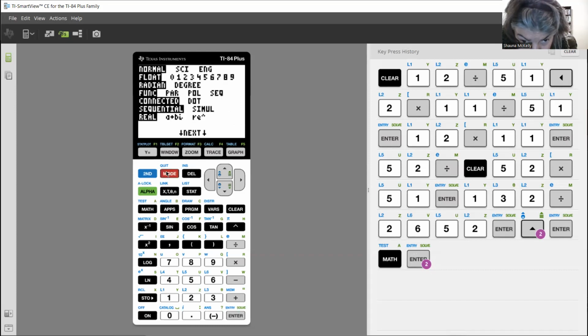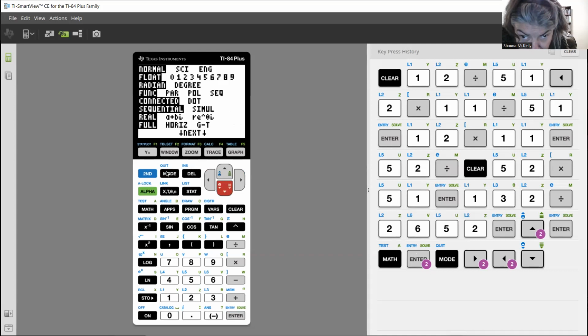Remember, we can go to mode, go down to the second row where you have float, and set your decimal places on however many you like. If you want it on 4, which is usually customary in this chapter, we're going to set it on 4. Make sure you hit enter so that the background color changes and it will take it.